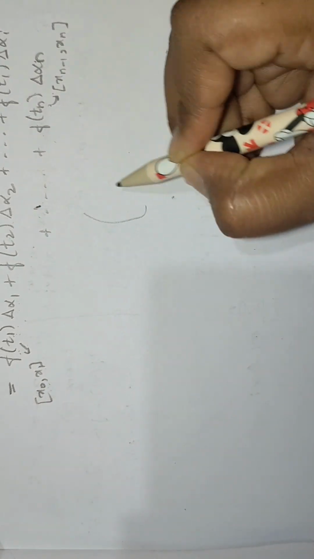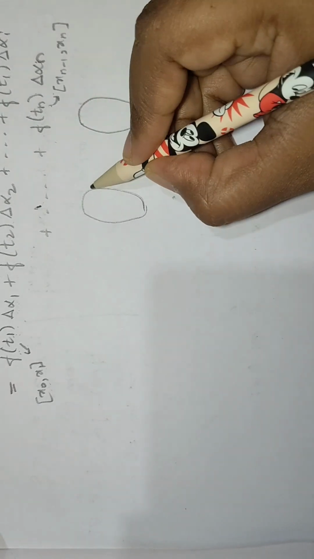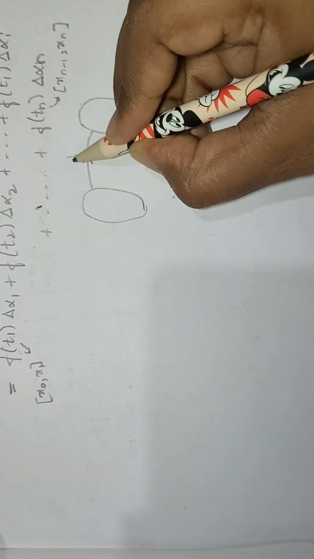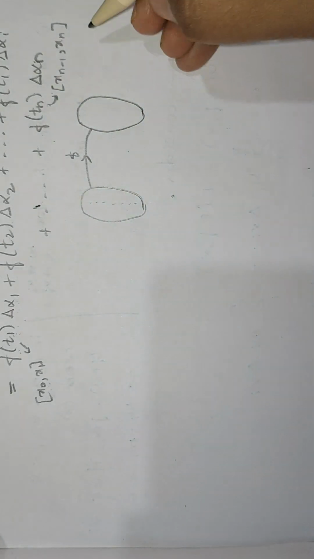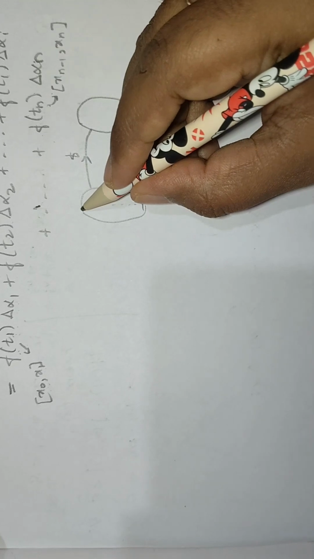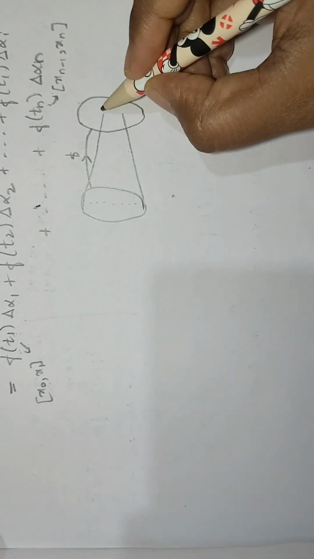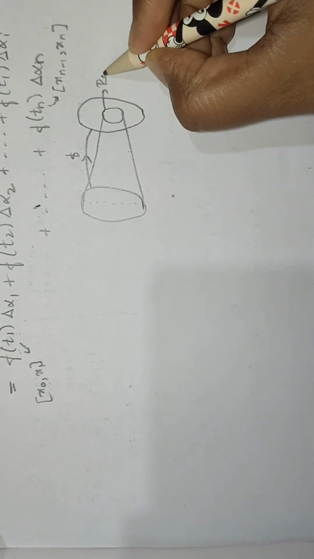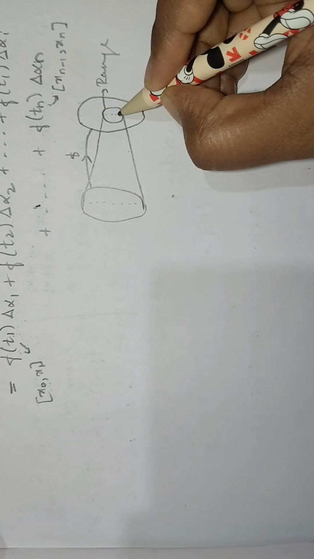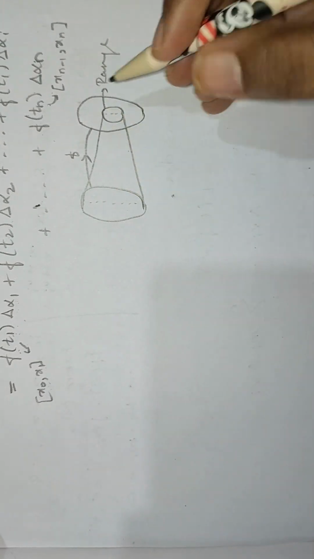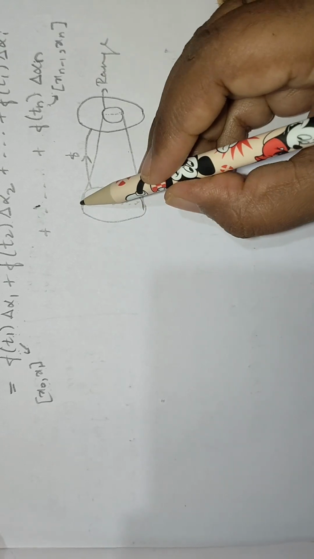So here, if this is the domain and this is the codomain and this is the function f, you have many points in the domain, and these points will map to some points in the codomain. I will call this the range, and in this range you will have the images of these points which are in the domain.